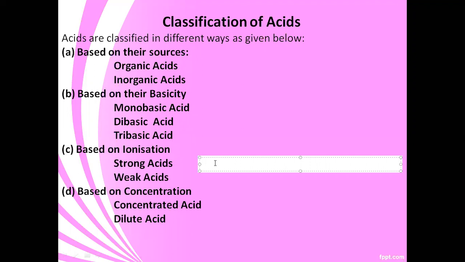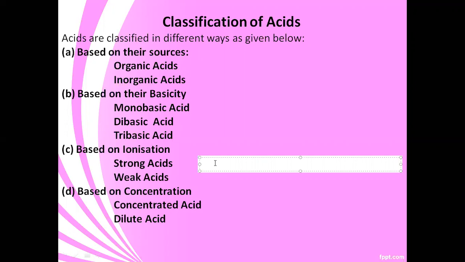But when the acid is alone, we can't separate the hydrogen ions. So when the acid is ionized in the water, that is called ionization. The acid is partially or completely dissolved.